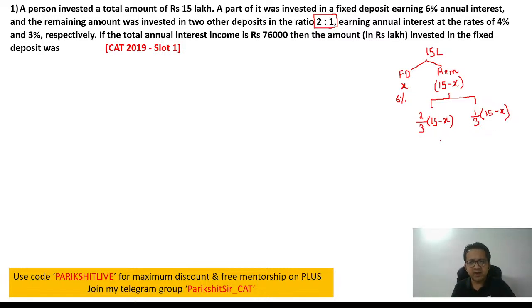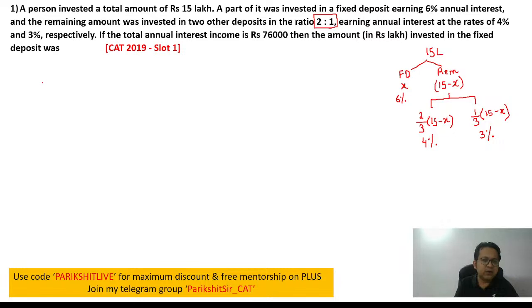Earning interest rates of 4% and 3% respectively. Total annual interest income is 76,000. Then the amount invested in the fixed deposit was simple, right? I have drawn this diagram, and it is now making things very clear.